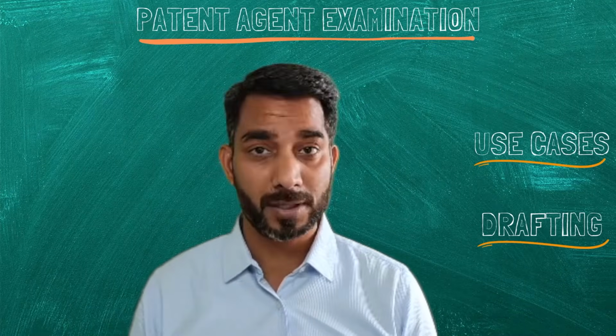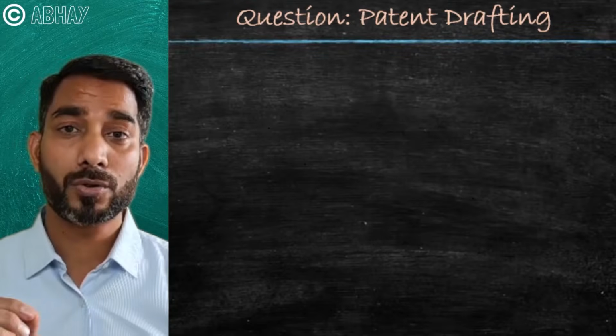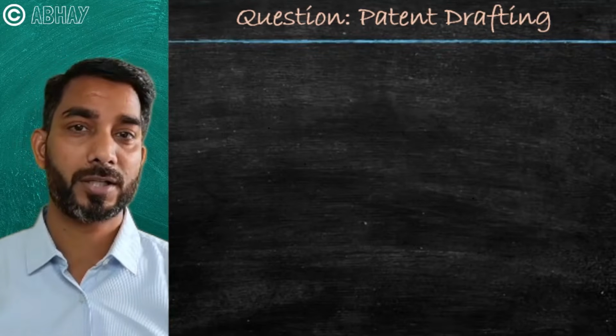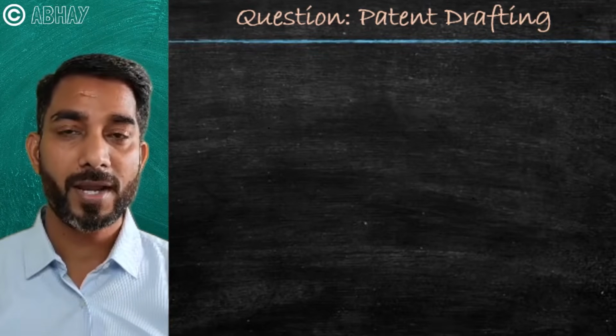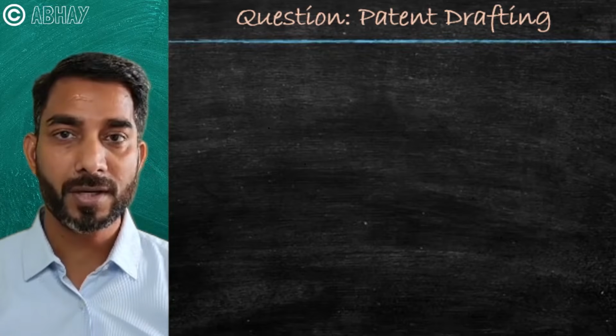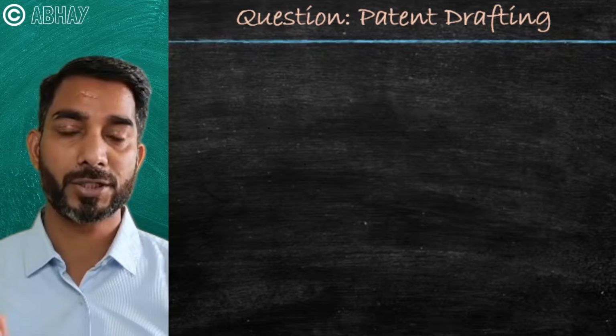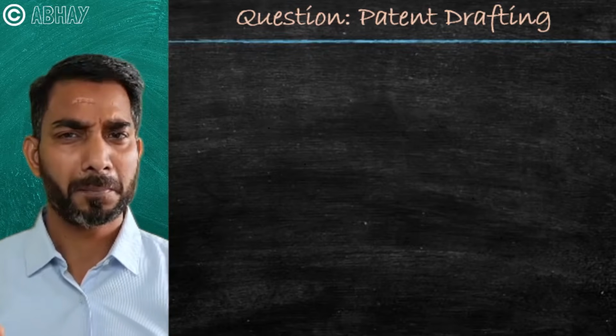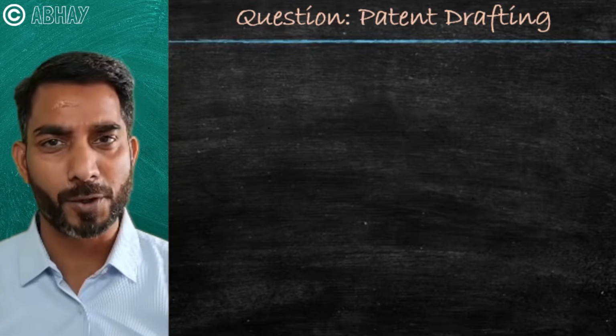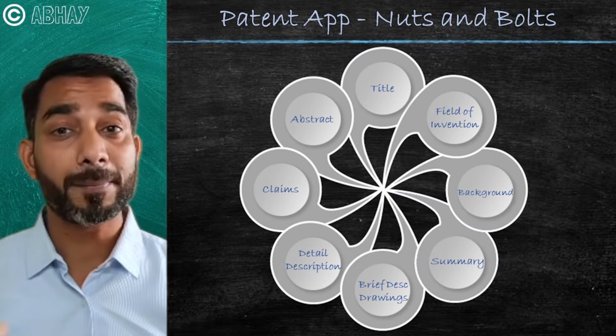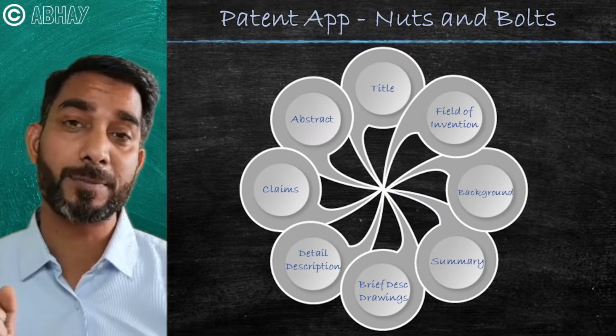As you attempt the question, you need to quickly go over the disclosure statement to identify what kind of information is given and how can you plug that information in the sections of an application. But what are these sections that we are talking about? So the patent application is divided into these many sections.